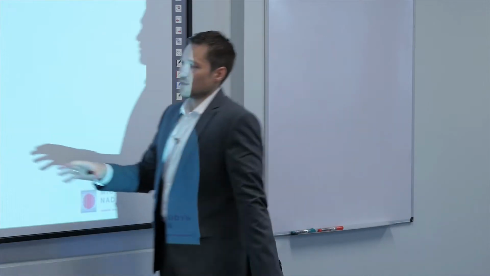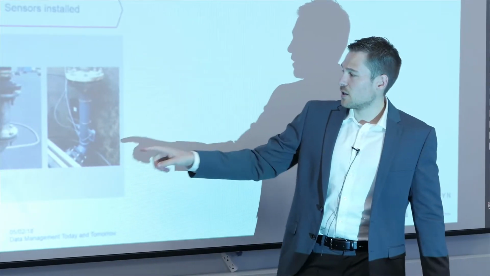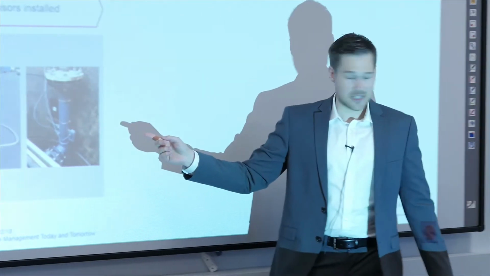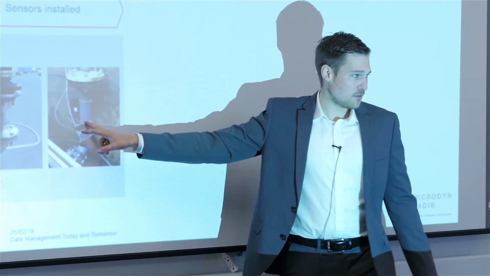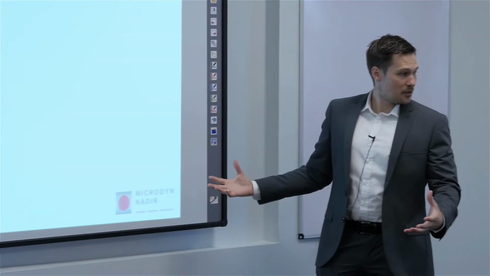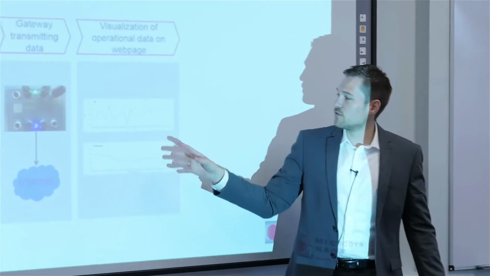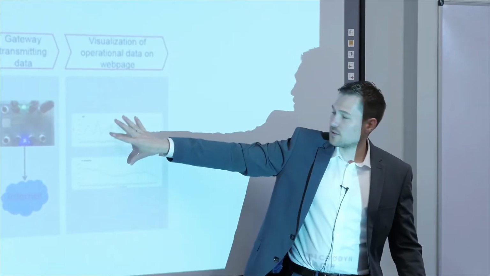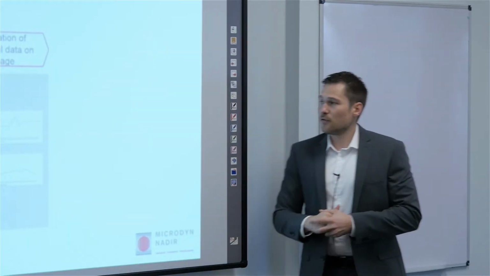What we are doing today already: this is a module in Wiesbaden at the pilot plant. We already equipped it with sensors. This is the airflow sensor, and this is the permeate flow sensor. The sensors are connected to a gateway, which transmits the data to the internet. On the Mann & Hummel website, this is now the air and the TMP, for example.